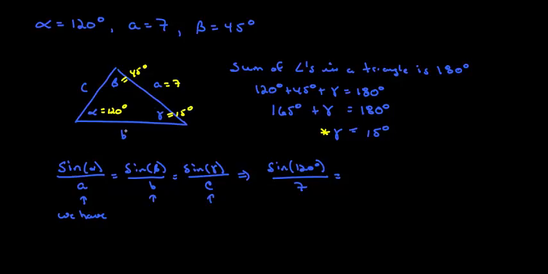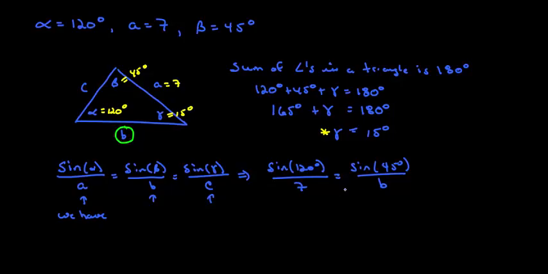Let's say I want to find B next. To find that, we need the other ratio that has a B in it, which is sine beta over B. So sine alpha over A is equal to the sine of beta, which is 45, over B. This is the one I'm solving for, but I have this equation with only one variable.